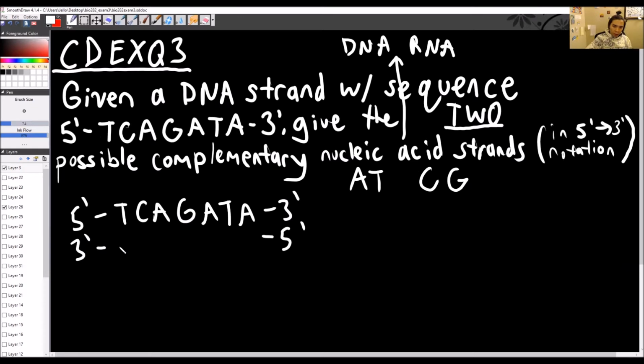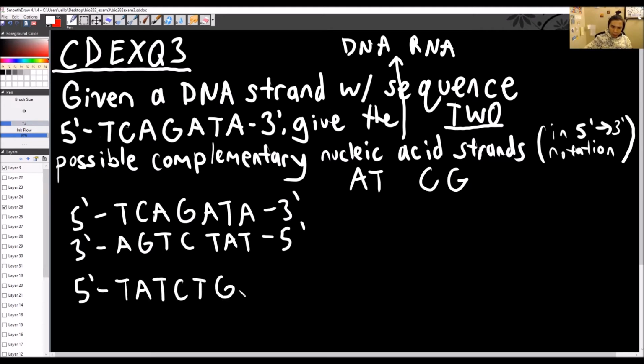So what goes with T, that would be A, G, T, C, T, A, T. Okay, that is our complementary nucleic acid strand, but we want to give it in the 5' to 3' notation, so we just swap it around. Starting from this way, it would go T, A, T, C, T, G, A.